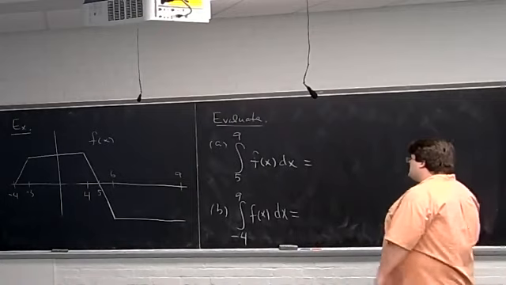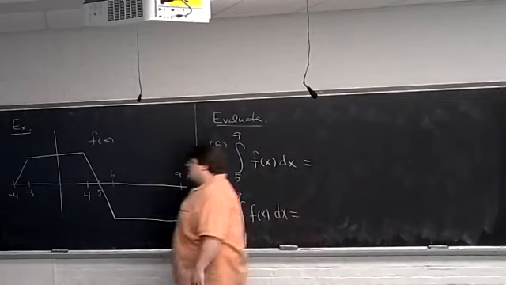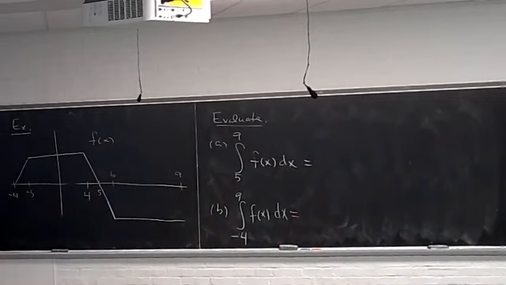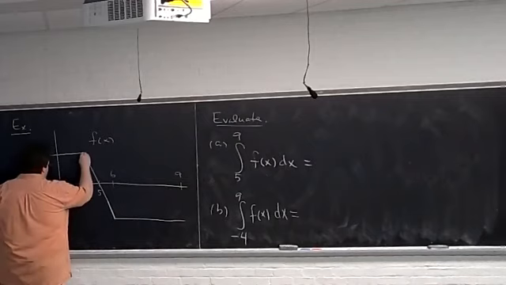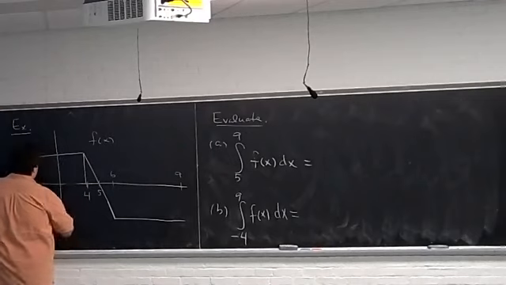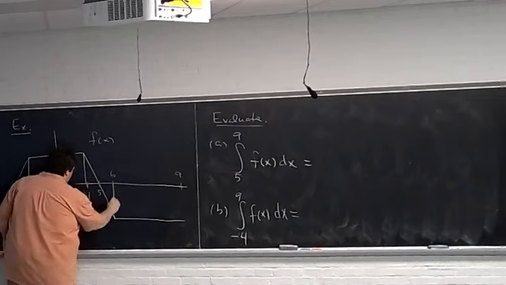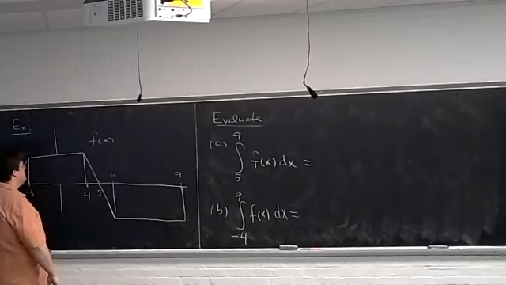Well, you could jump straight to the integral. With these, I tend to like to fill in the areas first and then just throw numbers where they belong. So right here, it looks like we have a couple trapezoids, but the area of a trapezoid formula is pretty complicated. Instead, I'm just going to turn this into triangles and rectangles.